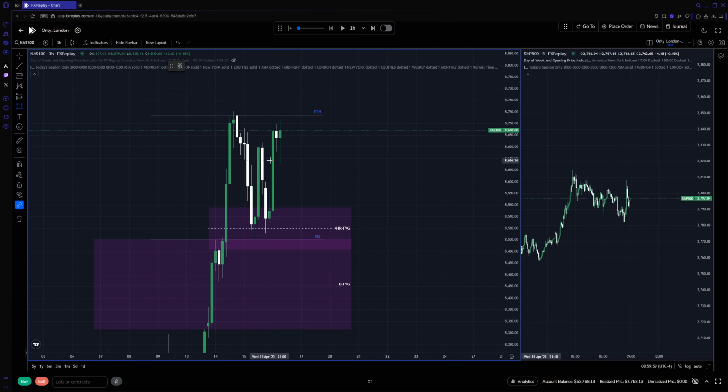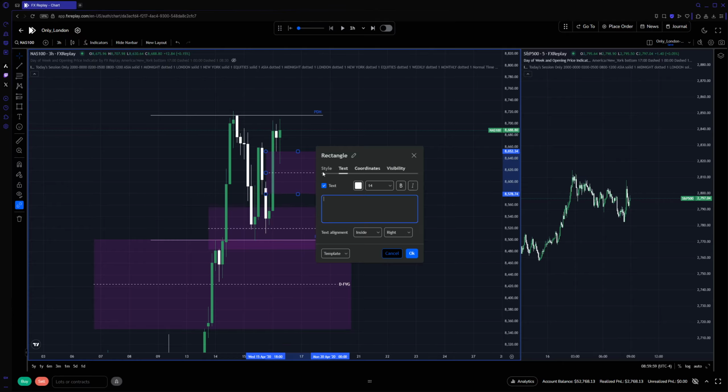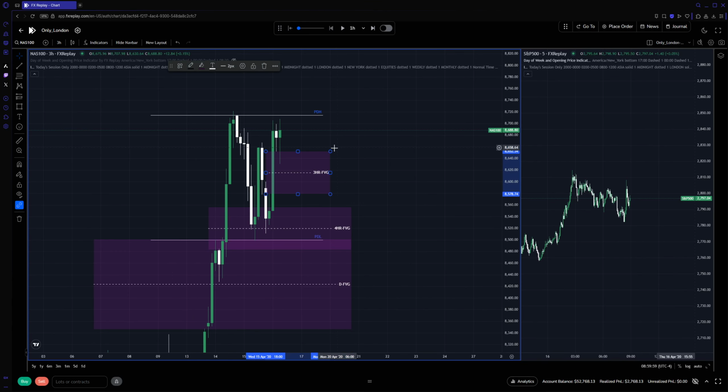I don't typically like to use the 3-hour time frame, but because I recognize it as a fair value gap, I'd rather just mark out that whole thing. So we might actually stay within this 3-hour fair value gap. Maybe we'll have a change in, like, a liquidity sweep within this fair value gap. We might not come all the way down here.